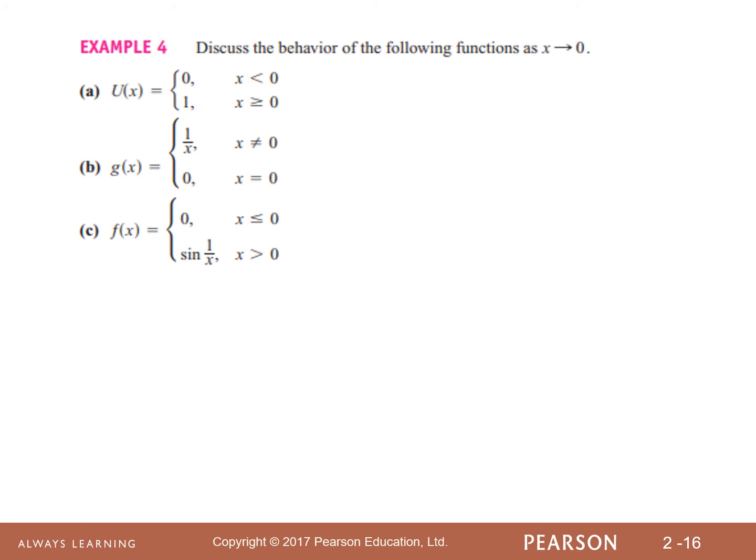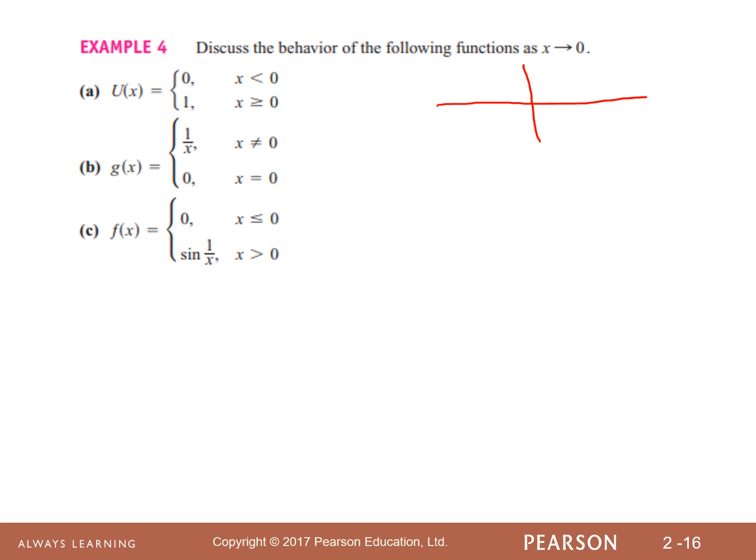Now, let's take a look at this. Discuss the behavior of the following functions. The first function is described as u of x equal to 0 for x less than 0, right? So let's put the x-axis. Let's put the y-axis. If I put the x-axis, I'm given what?